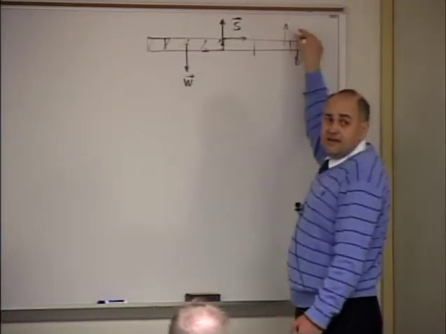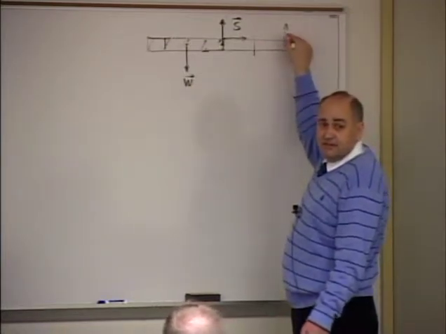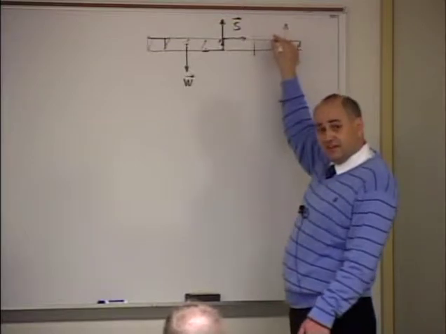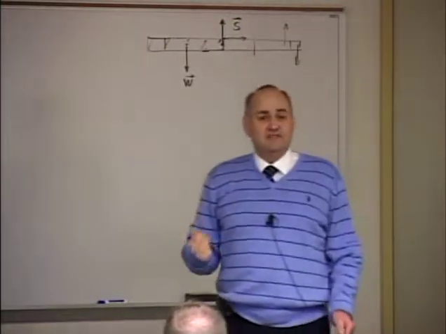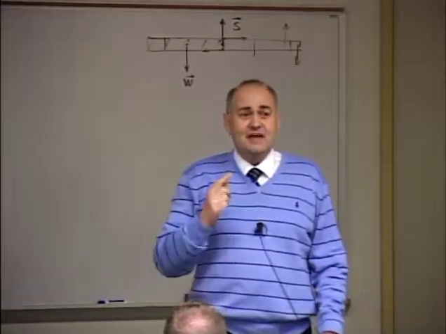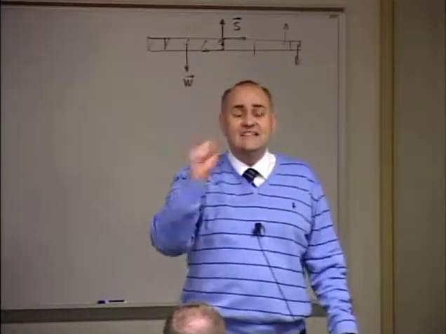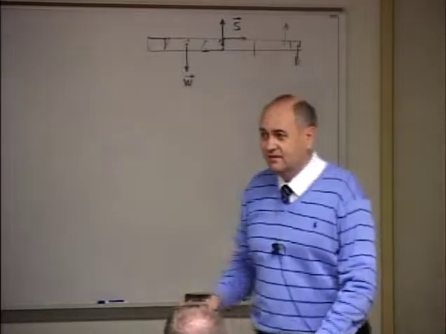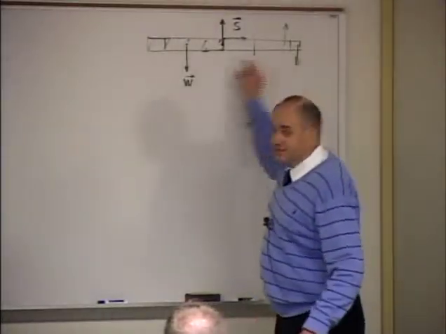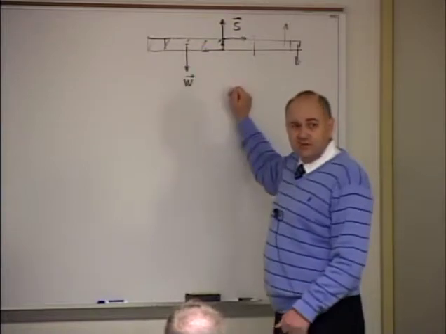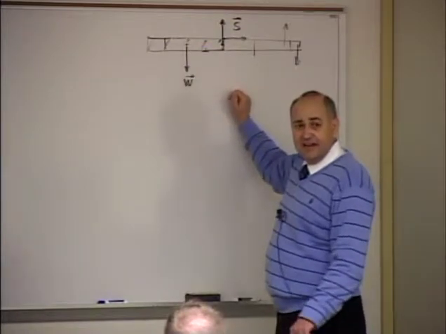Do you understand that? So when you will be in more advanced classes, you will actually analyze and draw plots of forces along this entire beam and torques along this entire beam.